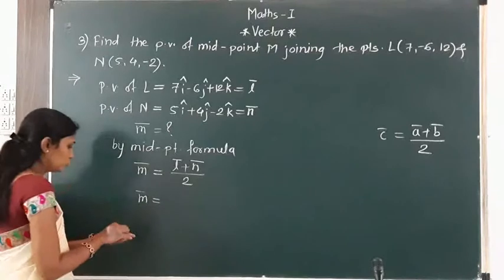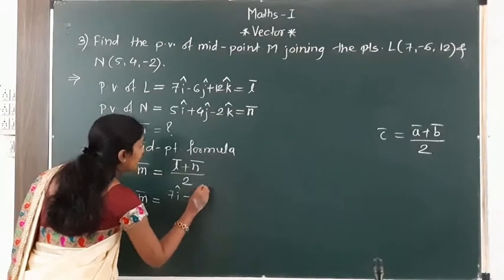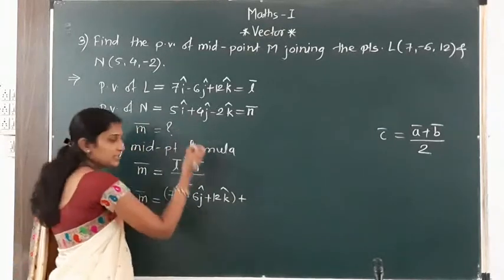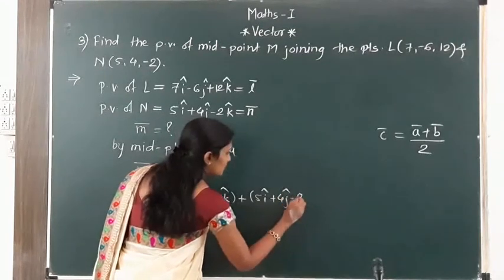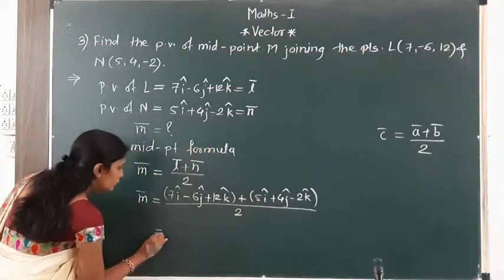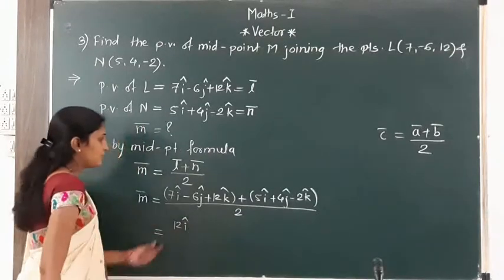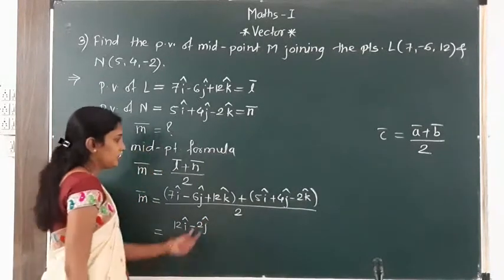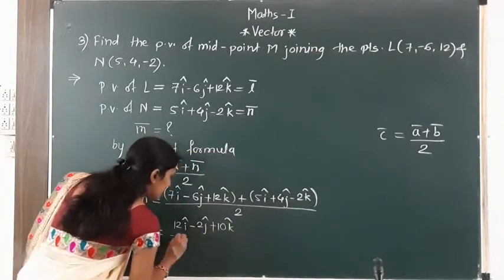So M bar is equal to the value of L bar, 7i cap minus 6j cap plus 12k cap, plus the value of N bar, 5i cap plus 4j cap minus 2k cap, divided by 2. That is 7i cap and 5i cap, that is 12i cap, minus 6j cap plus 4j cap, that is minus 2j cap, 12k cap and minus 2k cap, that is plus 10k cap, divided by 2.